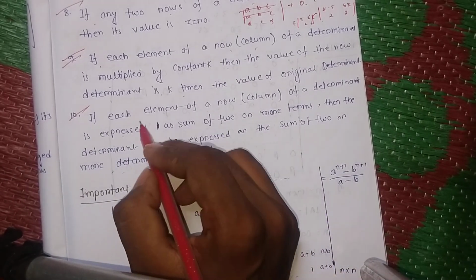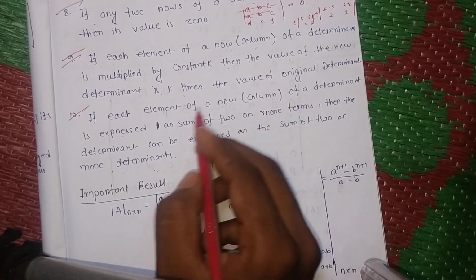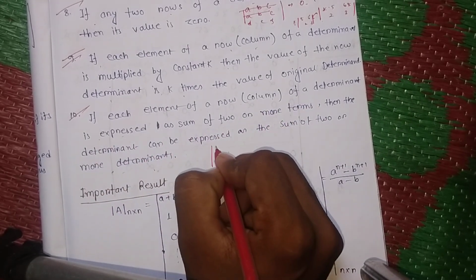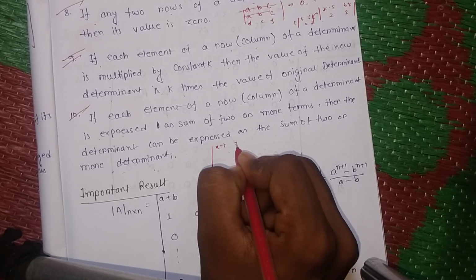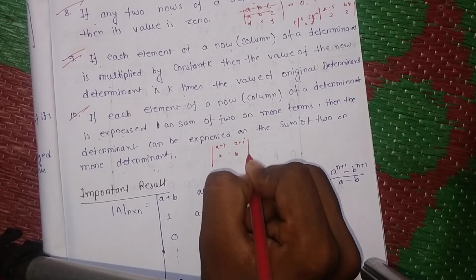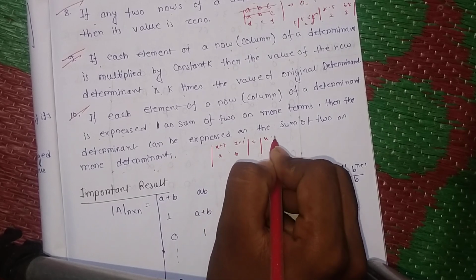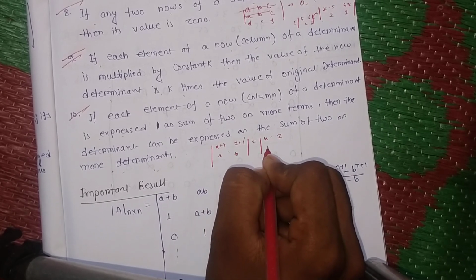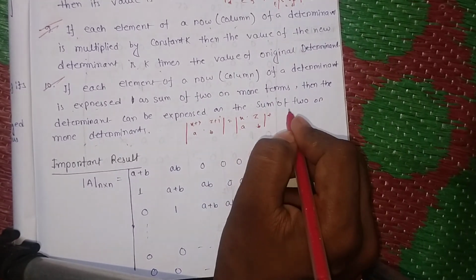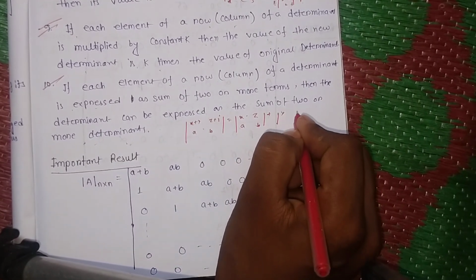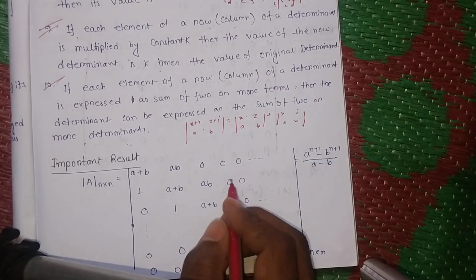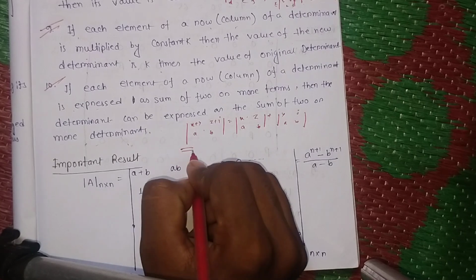That means, if the elements of a row are expressed as sums like x plus y and z plus w, with the other row a, b, then we can write it as the determinant (x, z; a, b) plus the determinant (y, w; a, b). It is very easy.